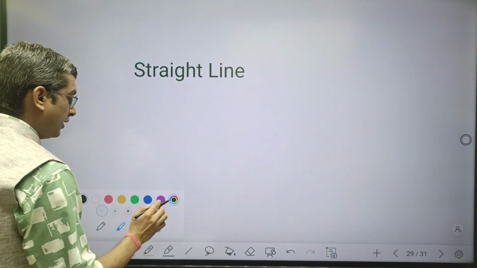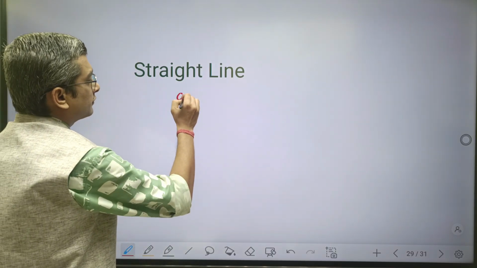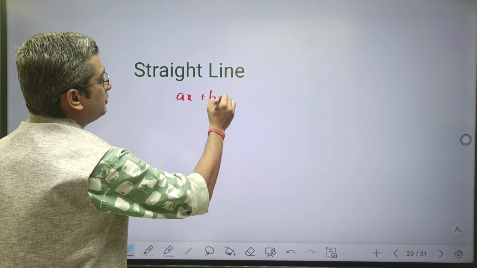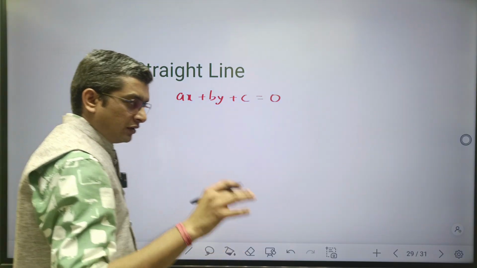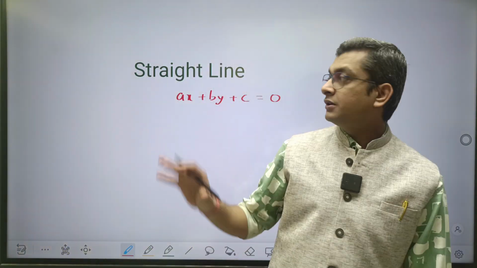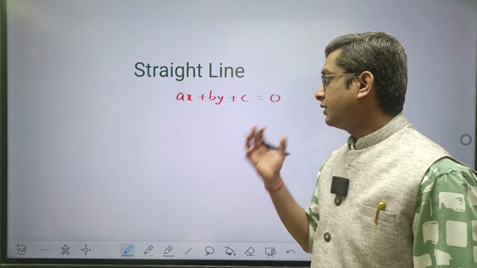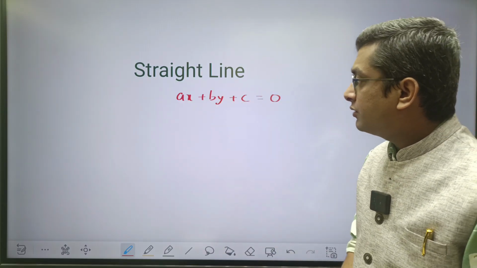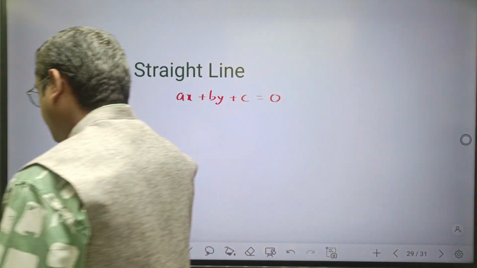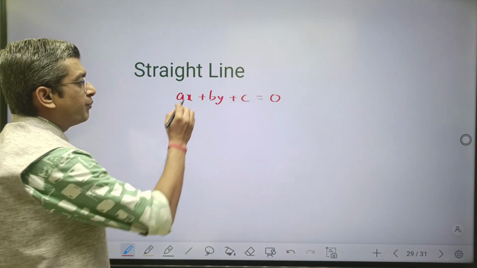Any equation of the form ax plus by plus c is equal to 0 can be represented using a straight line. By observing this equation, how can you say that it will be represented by a straight line? Observe the power.